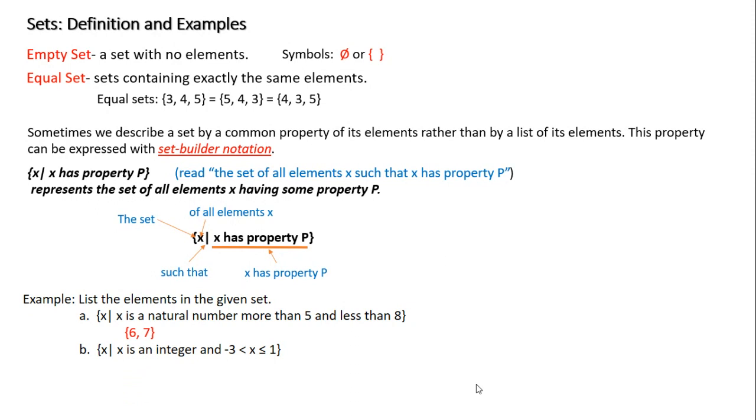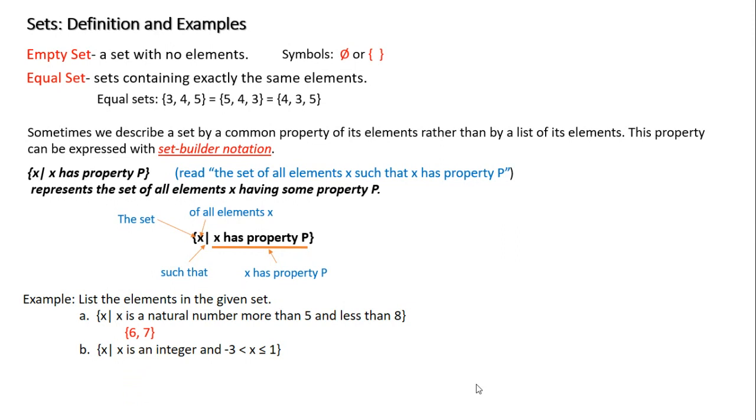More than 5 alone would be 6, 7, 8, 9, 10, 11, and so on. But we also have another condition that says less than 8. Less than 8 would be 7, 6, 5, 4, 3, 2, 1. But we only want the numbers between 5 and 8, so it would be just 6 and 7. So it's nice to use English words in set builder notation to describe sets.